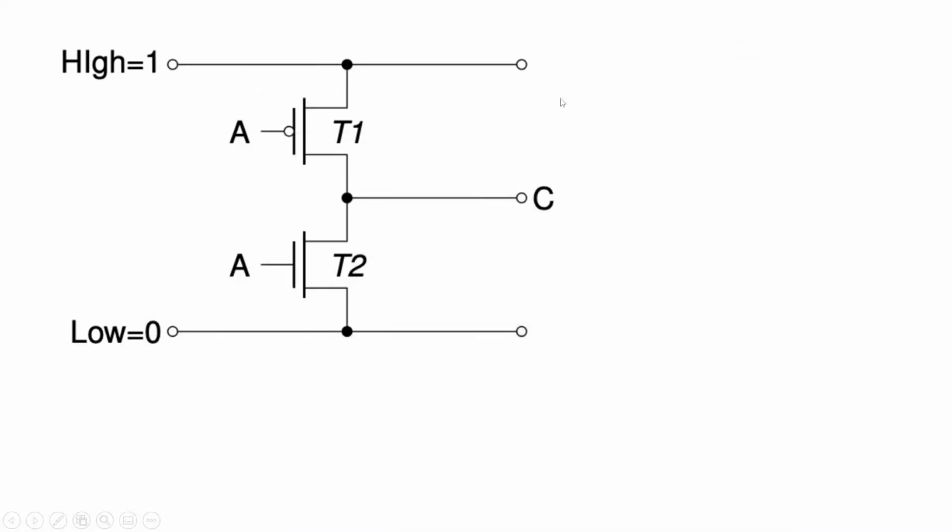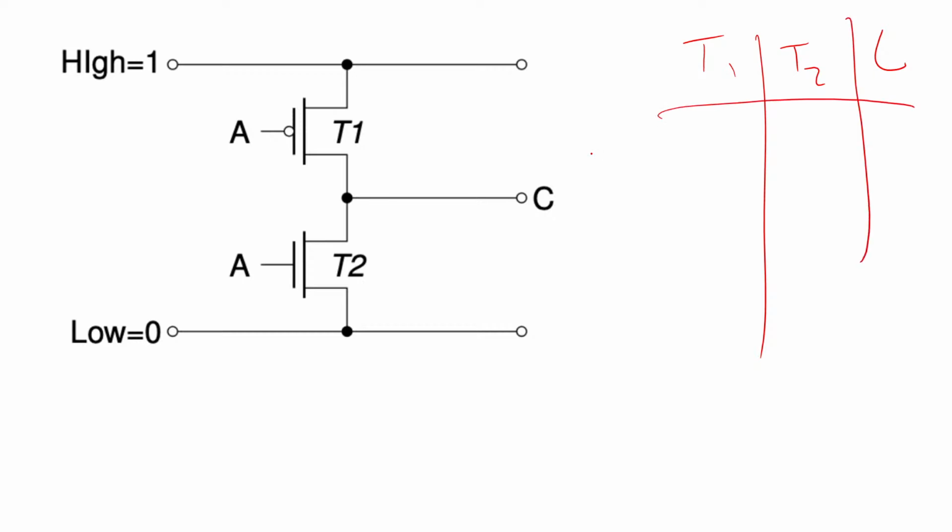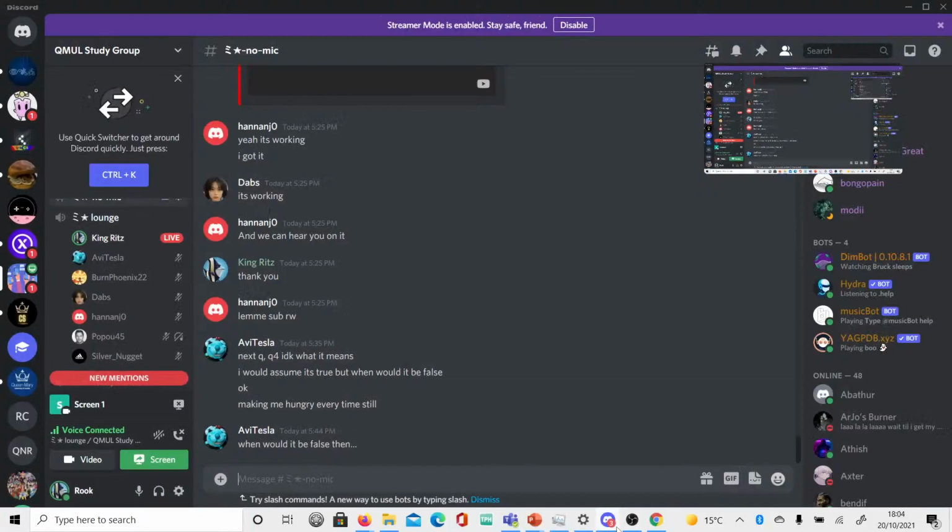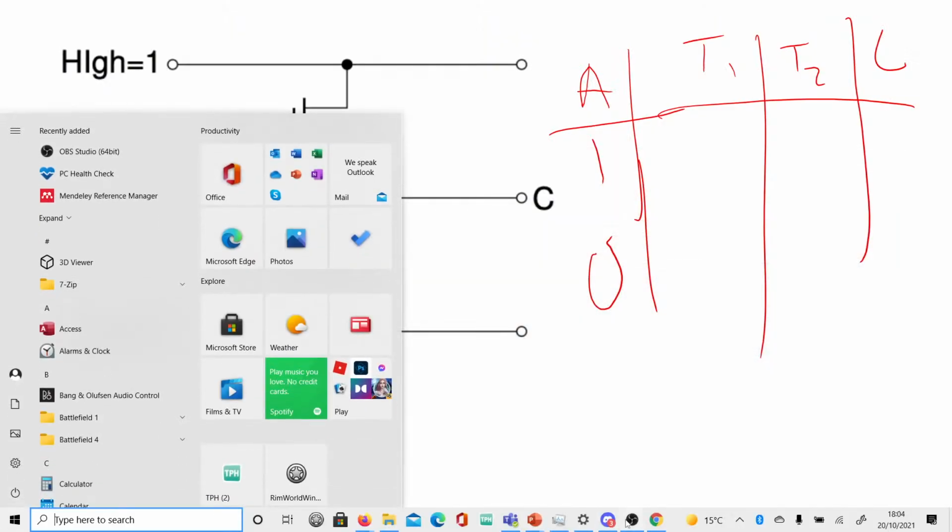Okay, there you go. So we have T1, T2, and we have C. For A as 1 and 0. Is there still audio? I don't know. Hopefully there is, because I heard disconnected from my headphones.